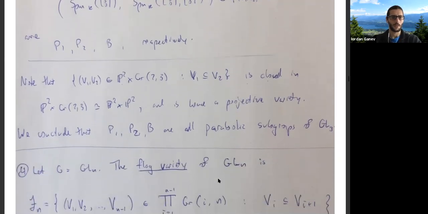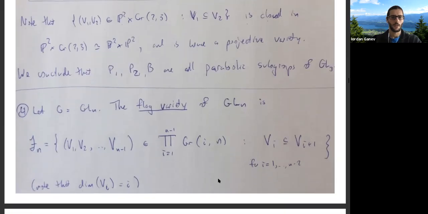So in general, for GL_n, we have the flag variety. It's a subvariety of the product of the Grassmannians: Gr(1,n) up to Gr(n-1,n). It's the subvariety of all points in this product that satisfy certain properties. First of all, what's a point in this product of Grassmannians?